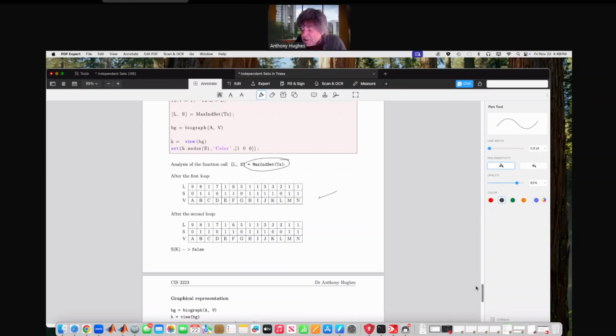And in this particular case, there is a child, K, that if I look at its parent, is also colored. And so I have to decolor it. Let me show you. So J is colored, K is colored, but its parent is also colored. So I have to set it back to 0.